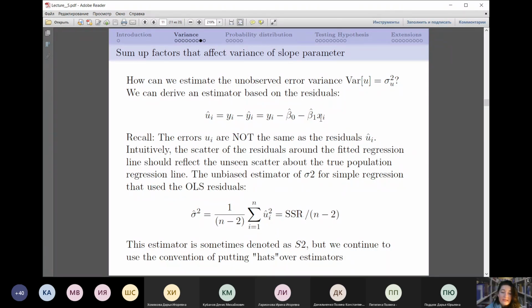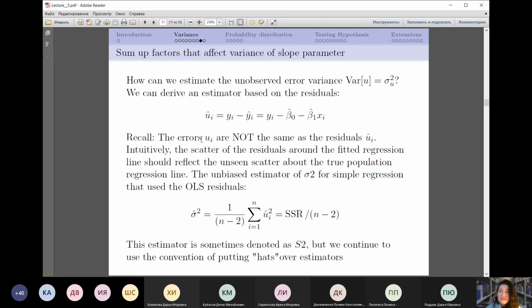And we can estimate this term from the sample using the residual variance. I hope that you remember this formula, how can we obtain the residuals? And of course, errors are not the same as the residuals, because the residuals are the difference between the observed values and our estimated values of the dependent variable, right?